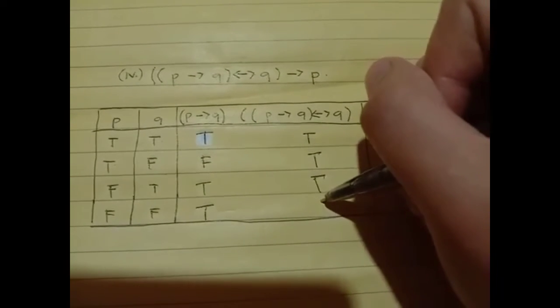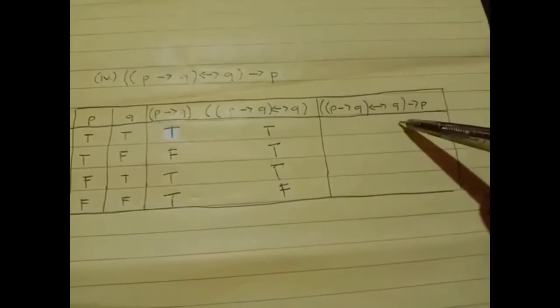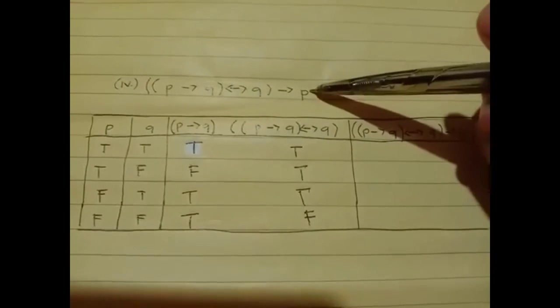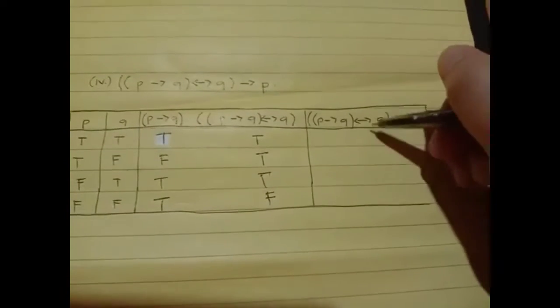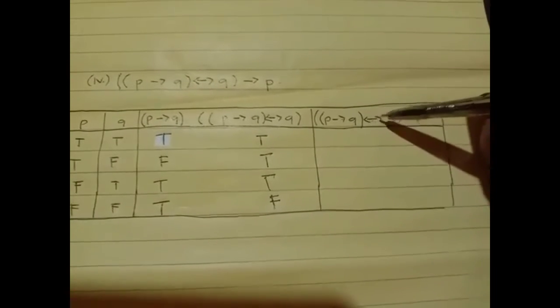And this is false. Now let's proceed to this part. This is our basis in order to determine if this propositional form is a tautology. So now let's find out the truth value of P implies Q if and only if Q implies P.